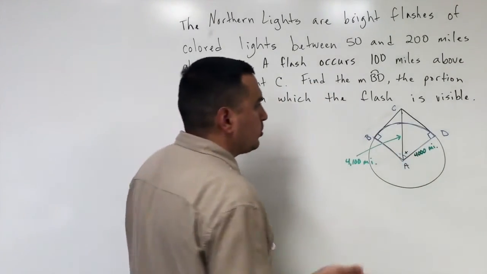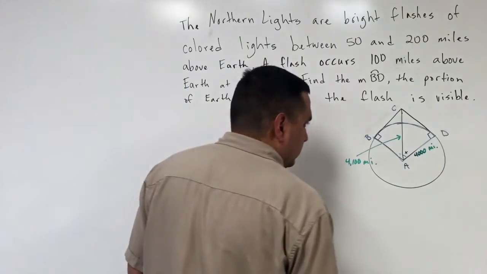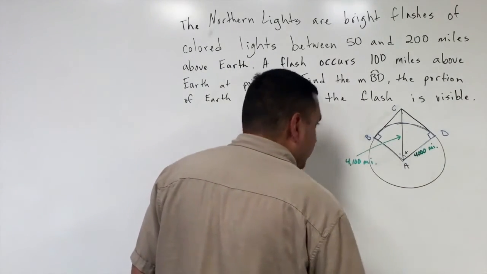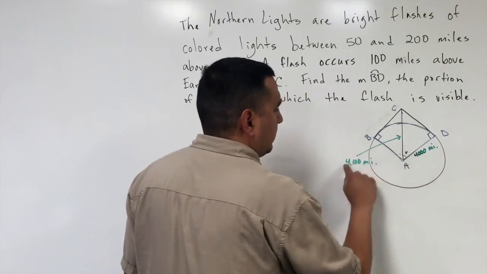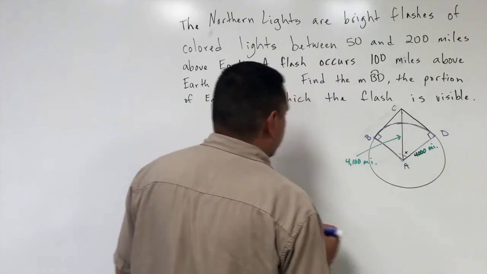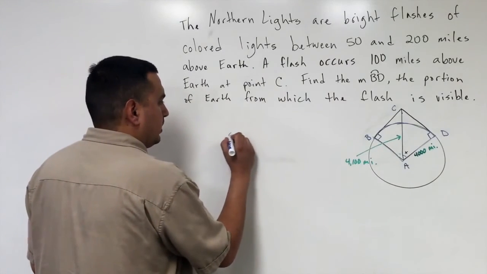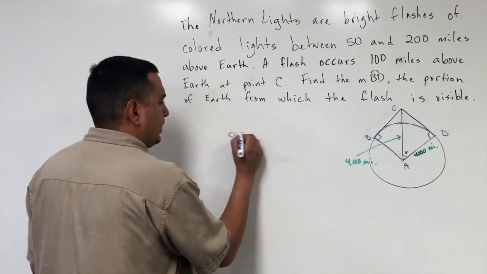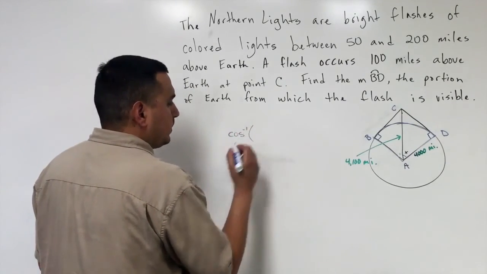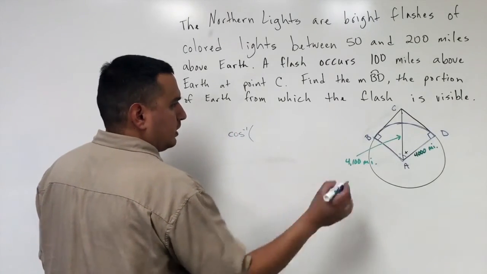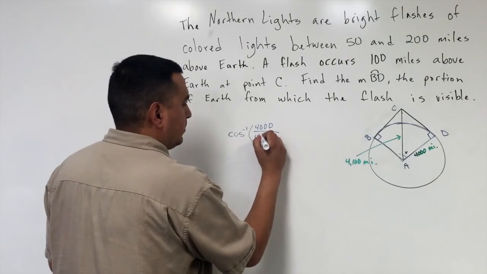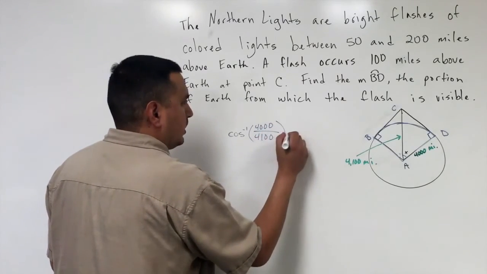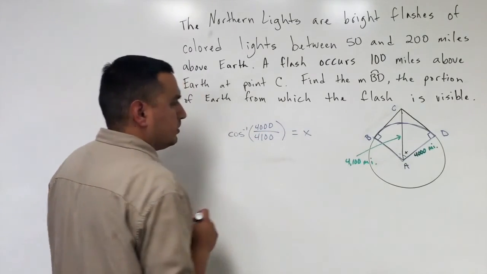So I'm going to use an inverse trig function to find out this angle. Looking at this angle, this would be adjacent, this is the hypotenuse, so that tells me I'm using my cosine function, or the inverse cosine, since I'm looking for the angle. So the inverse cosine of adjacent, which is 4,000, over the hypotenuse, which is 4,100, is supposed to give me the measure of angle x.